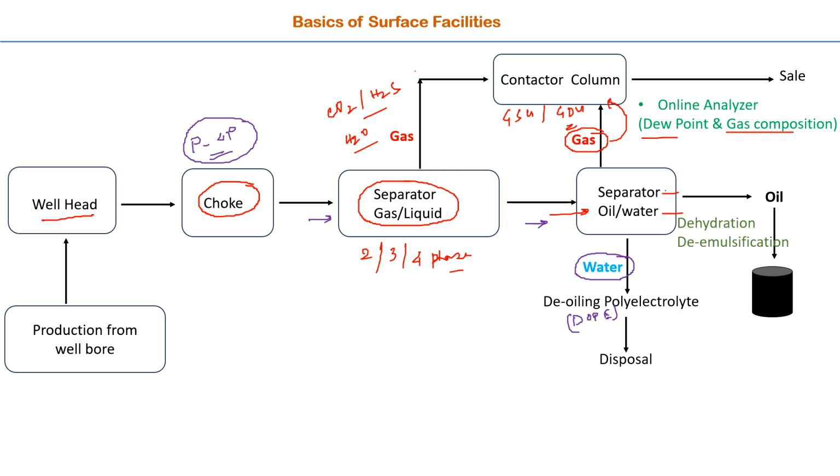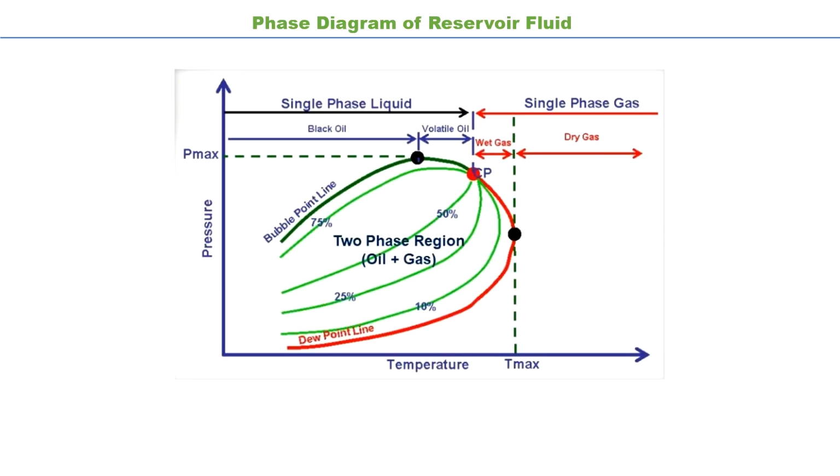Now we are going to the phase diagram of the reservoir fluid. This is a typical phase diagram of reservoir fluid. This red color point denotes the critical point of a particular reservoir fluid.